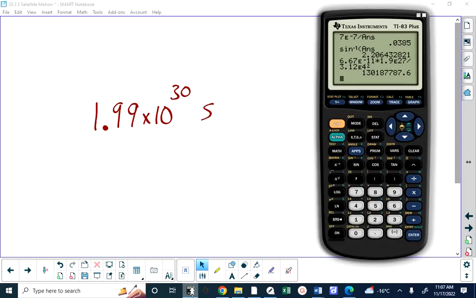I'm going to take that number, 1.99 times 10 to the 30. That's seconds. I know it's kilograms because we're dealing with the mass of the Sun, but I'm trying to impress on you how big of a number this really is. Let's divide by 60 to find out how many minutes it is. I'm no closer to appreciating that length of time now that it's in minutes compared to seconds, right?